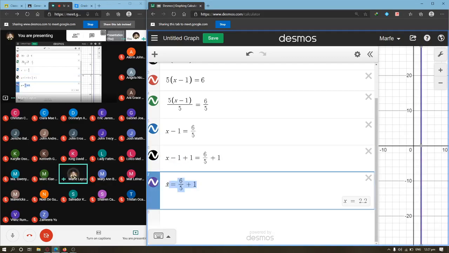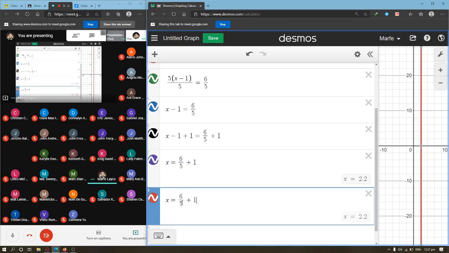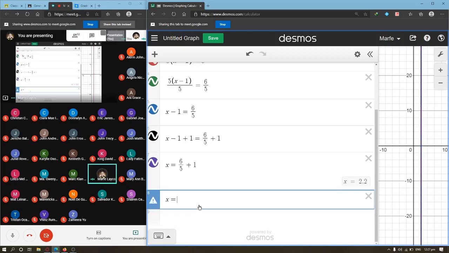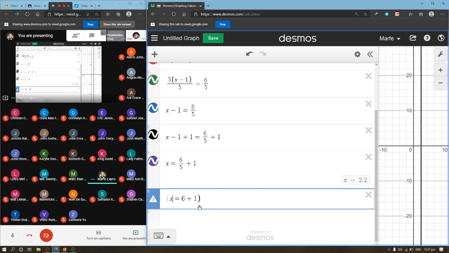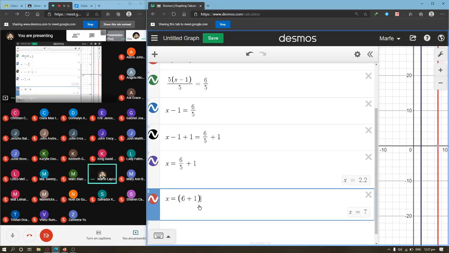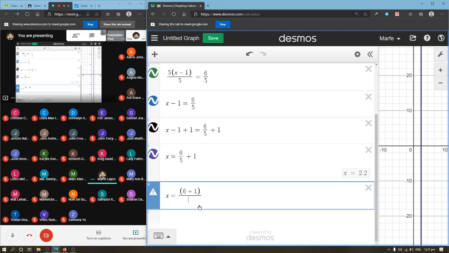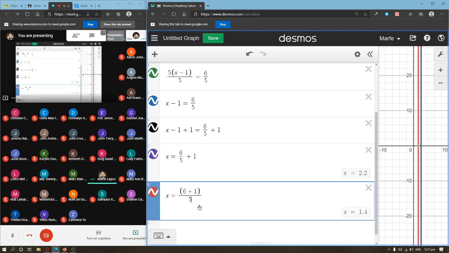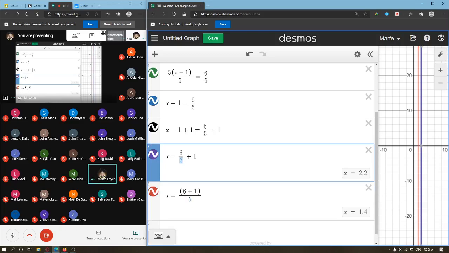So, solving again, addition of rational expression. Diba? This will become over 5. So, our 6 plus 1. What is our LCD? 5. Next. 5 divided by 5 is 1 times 6.